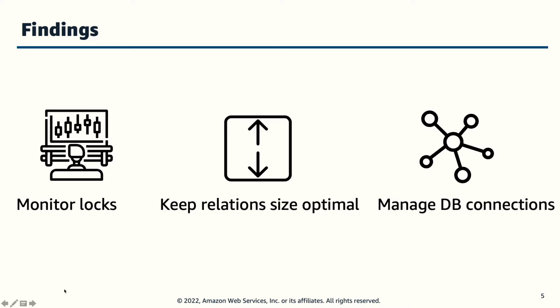All right, let's now talk about the findings. The first thing customers asked us was to predict, or know, when this is coming. Before that, they were just experiencing the throughput from the application side, but there was no good indication that these buffer content locks, or these contentions, were coming. So we're going to talk about how we suggest monitoring those locks, and this can serve as a pattern not just for this lock, but for other locks.